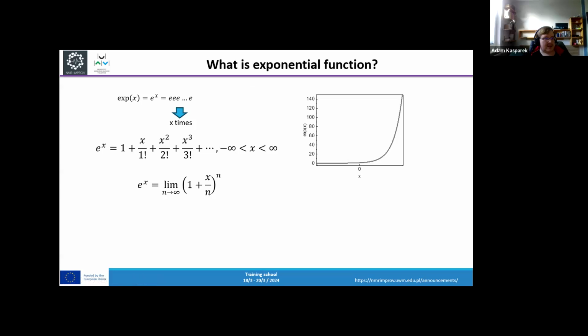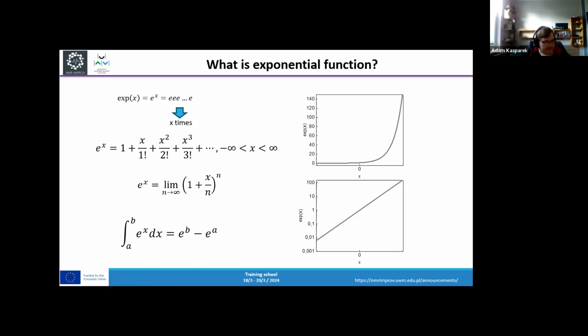Here is how this function looks on the plot. To be more exact, here we have both axes on a linear scale, and here is how it looks when we put the x axis on a logarithmic scale.